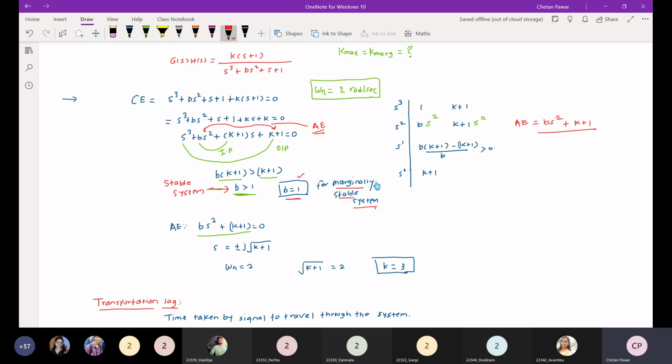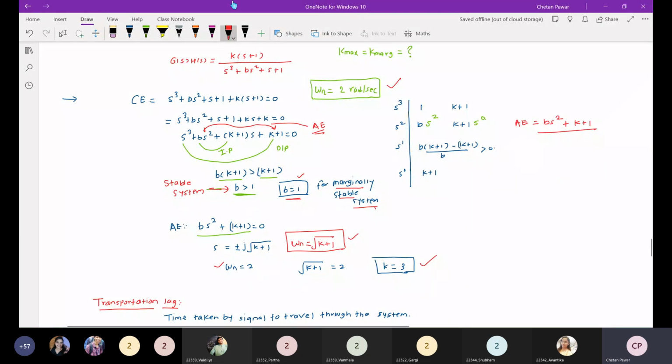So you put b is equal to 1, and we will get the natural frequency of oscillation omega n equal to root of (k plus 1). Omega n is given as 2 radian per second. If you put that into this formula, you will get the value of k equal to 3. So you can apply the shortcut method as well as the Routh table to find the auxiliary equation.